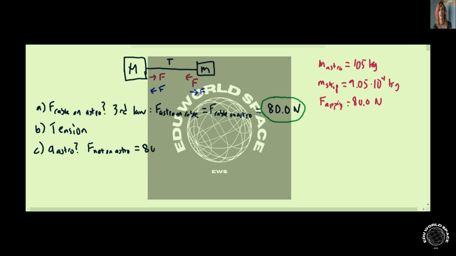And that's going to be equal to the mass of the astronaut times acceleration. So we get acceleration equal to 80 newtons over 105 kilograms, the mass of our astronaut. And so we find her acceleration to be 0.762 meters per second squared.